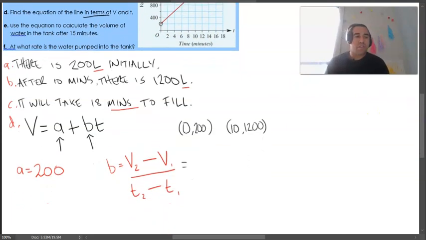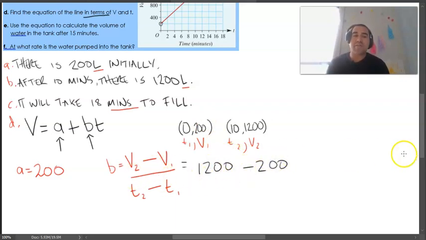So this is going to be my T1 and my V1, and this is going to be my T2 and my V2. Oh my goodness, see, I just made a mistake myself. T1, V1, get it together, Mr. Herman. T2, V2, much better, there we go. All right, let's do our substitution. Our V2, 1200, subtract V1, 200.